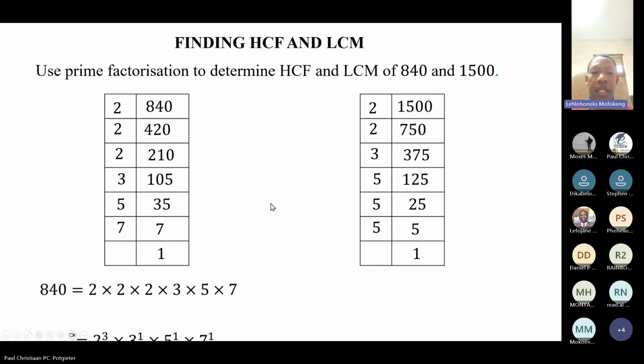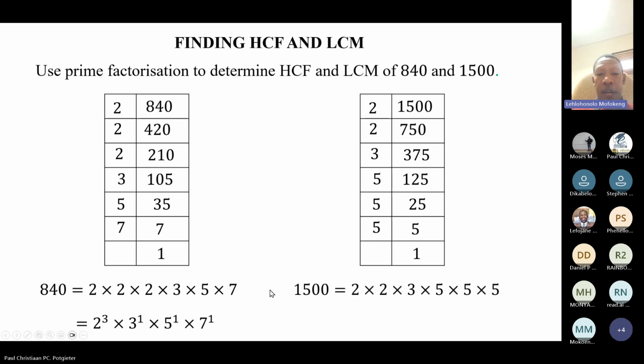Now we have to represent them in the form of exponents. As we can see there, we have 2 to the exponent of 3, because we have 3 factors of 2. We also have 1 factor of 3, 1 factor of 5, and 1 factor of 7.